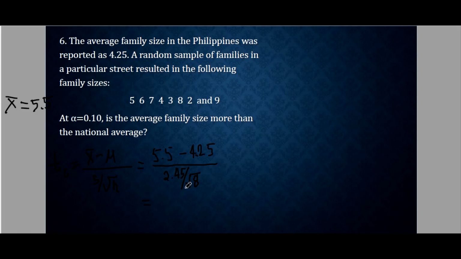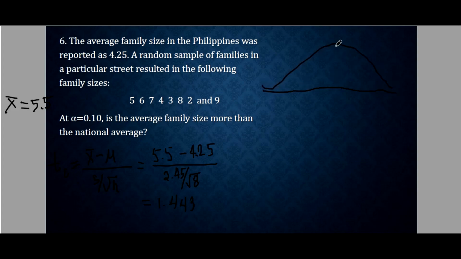So you may use your calculator: 5.5 minus 4.25, divided by 2.45 divided by square root of 8. So we have 1.443, positive.